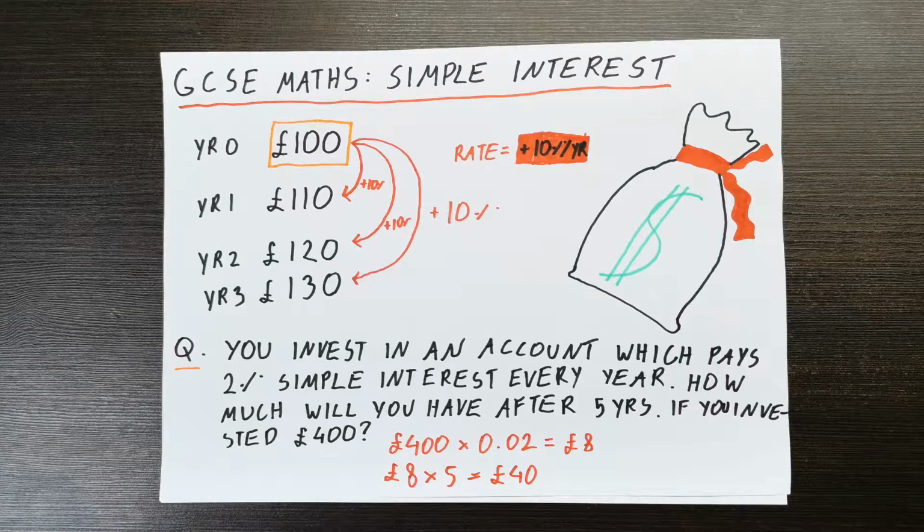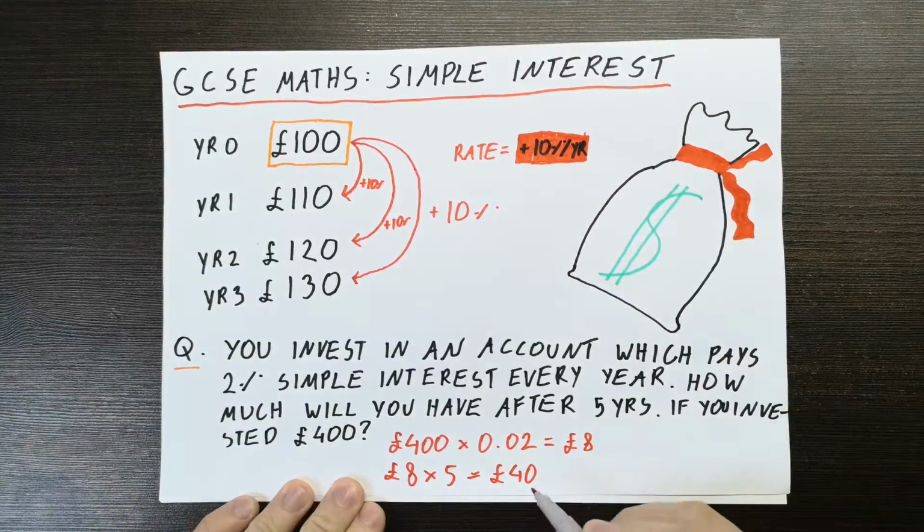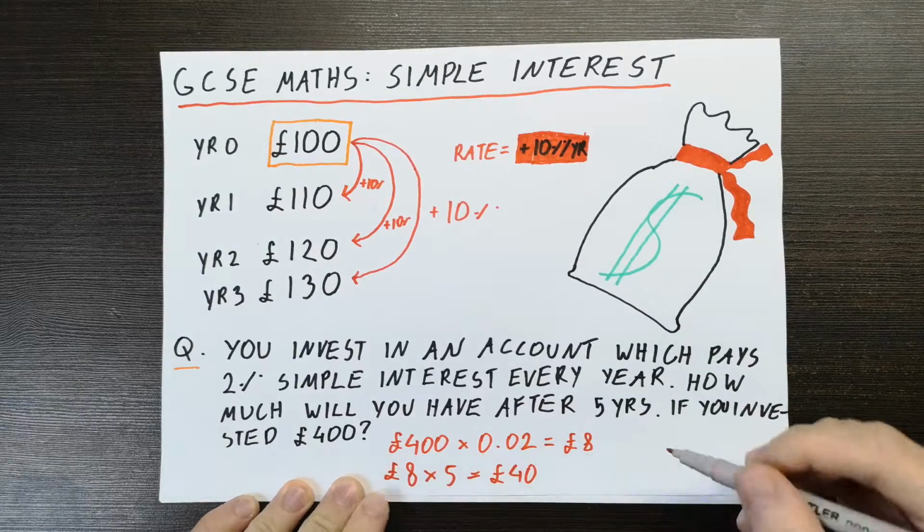That isn't quite our answer, because the question is how much money will you have in total? Some questions might ask how much money you will gain, in which case that £40 would be the answer. But since this question asks about how much money we will have in total, we simply have to add that £40 to the original £400 we invested.